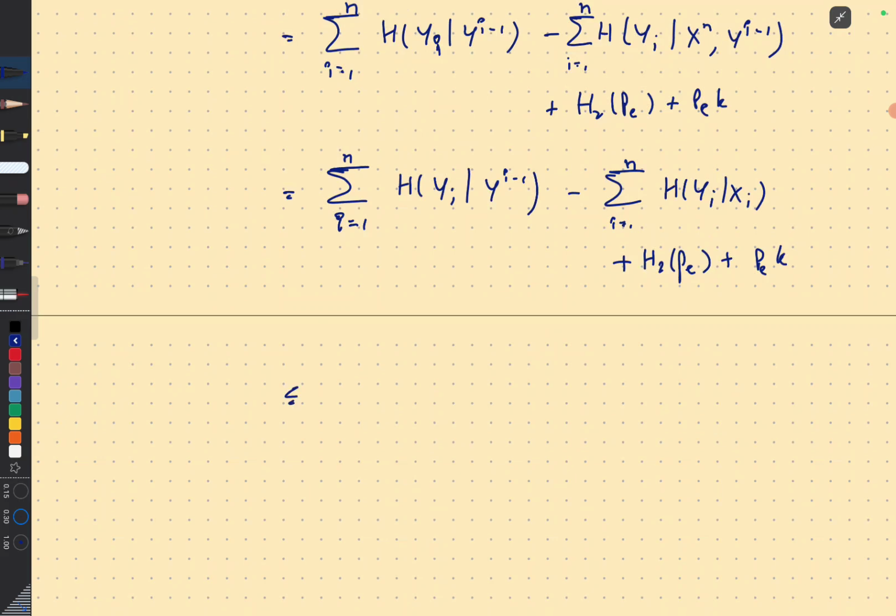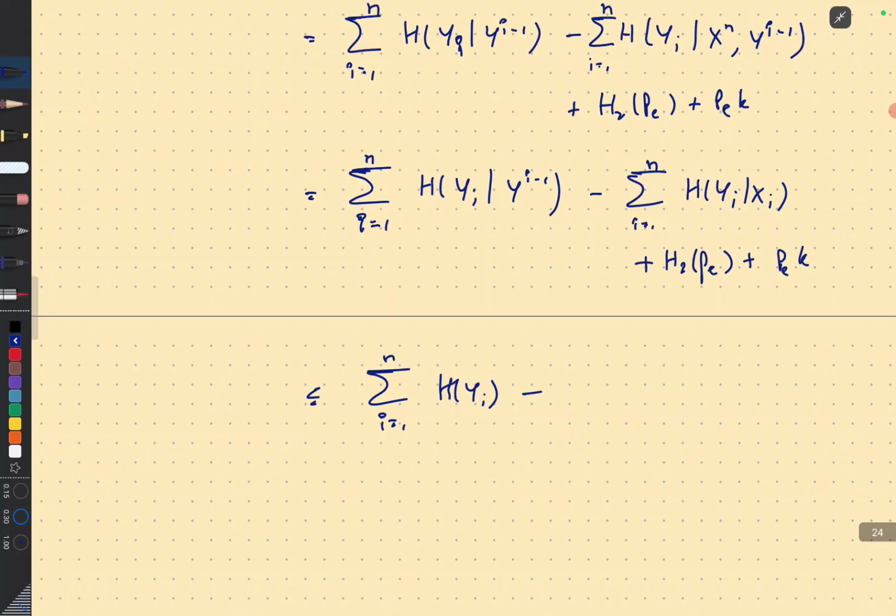Next, I claim that this is less than or equal to summation i equal to 1 to n of h of yi minus the remaining, which is h of yi given xi, plus h of Pe plus k times Pe. Why can I say this?